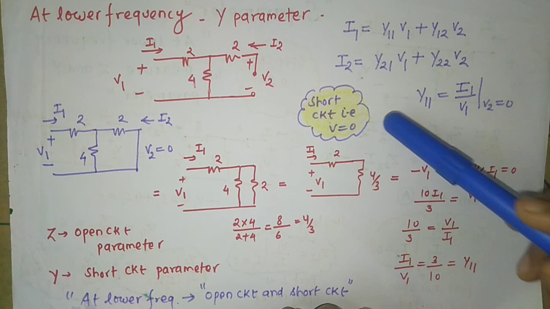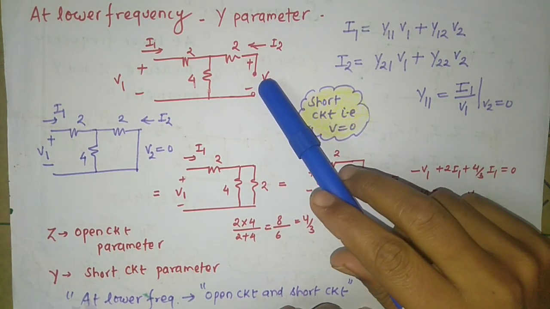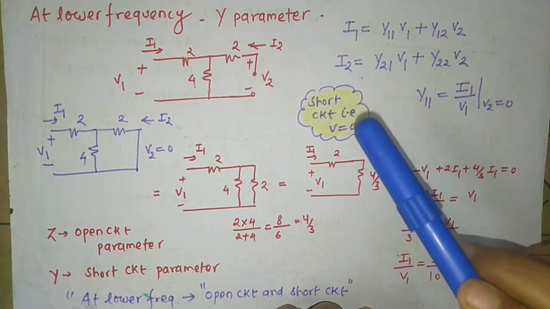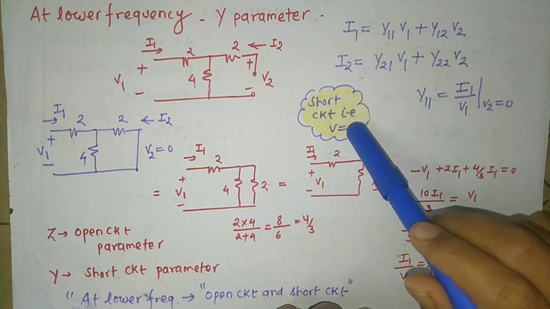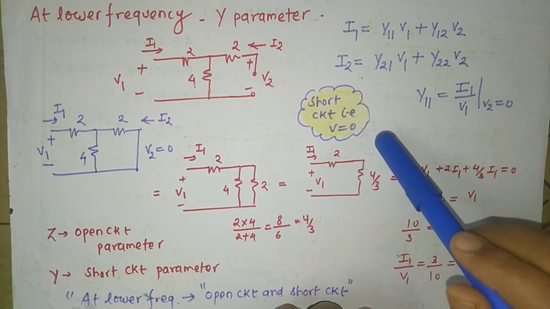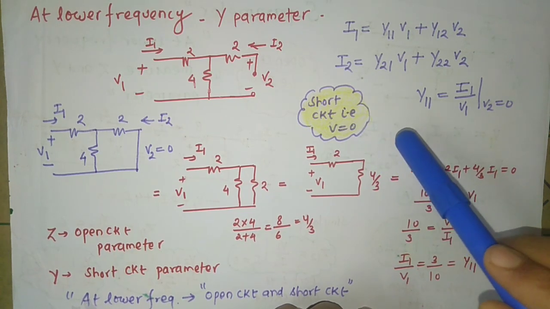In this case, you can notice you have to create a short circuit at the port, but remember that for the calculation of the Y parameter and Z parameter, you have to create open circuit and short circuit. Please remember that.